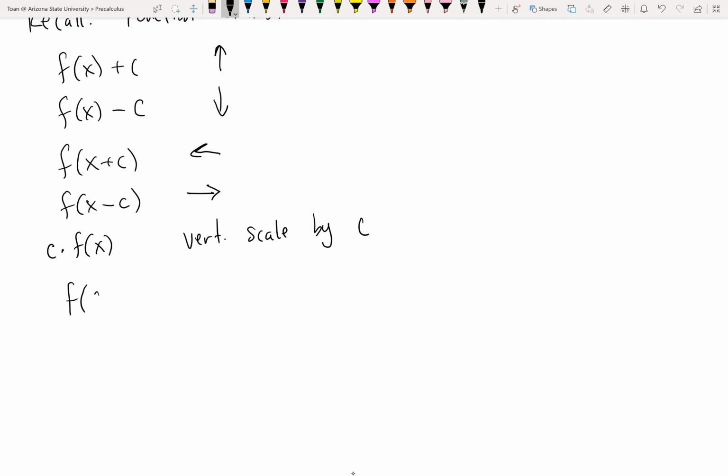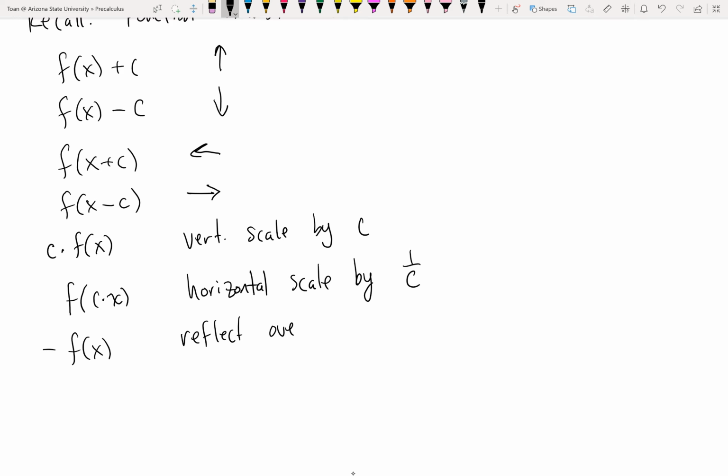When you multiply directly to the x, you horizontally scale it by the reciprocal. So anything that happens to the x is sort of backwards. If you make the whole function negative, it's a reflection over the x-axis.